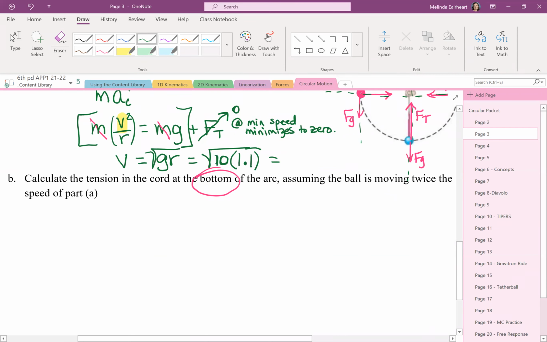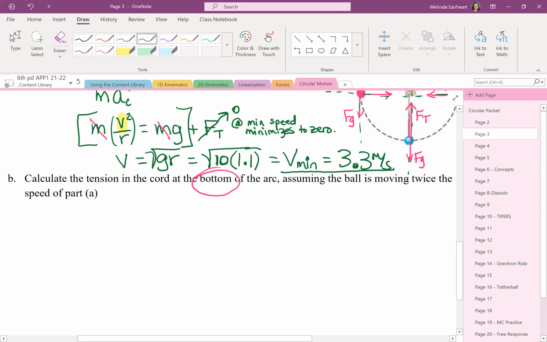Someone grab a calculator. Our minimum speed to make it around the circle is what? 3.3 meters per second. Sounds familiar, okay?